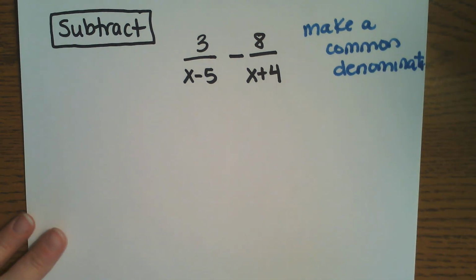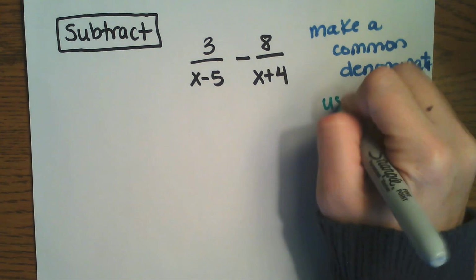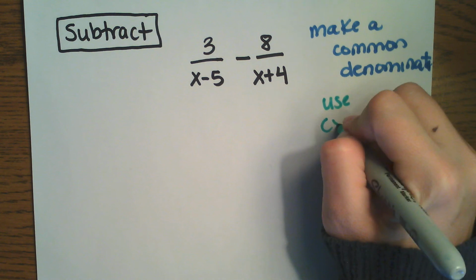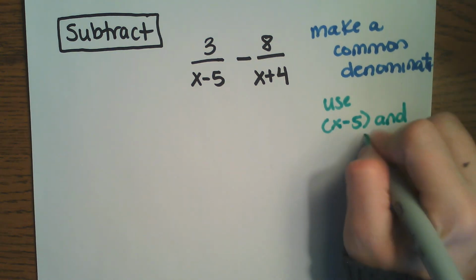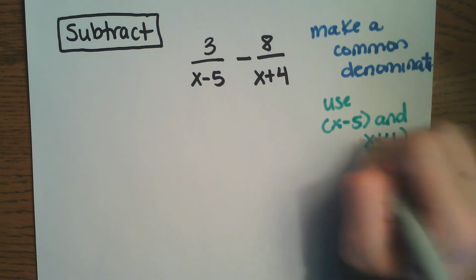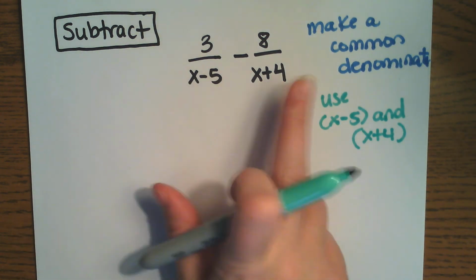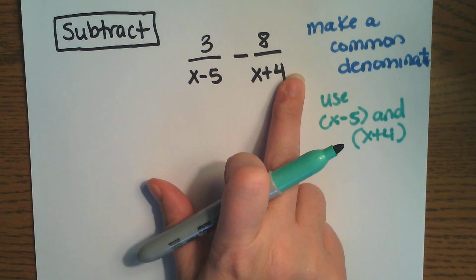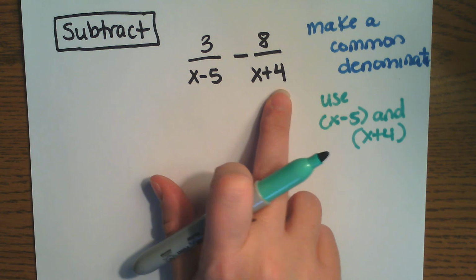And I have to use both x minus 5 and x plus 4. I can't just multiply a 4 on this side and a negative 5 on this side. It's because this is a minus 5 and a plus 4.